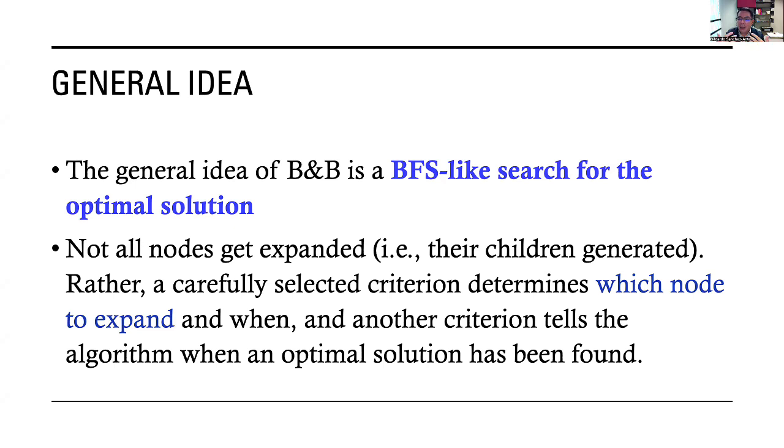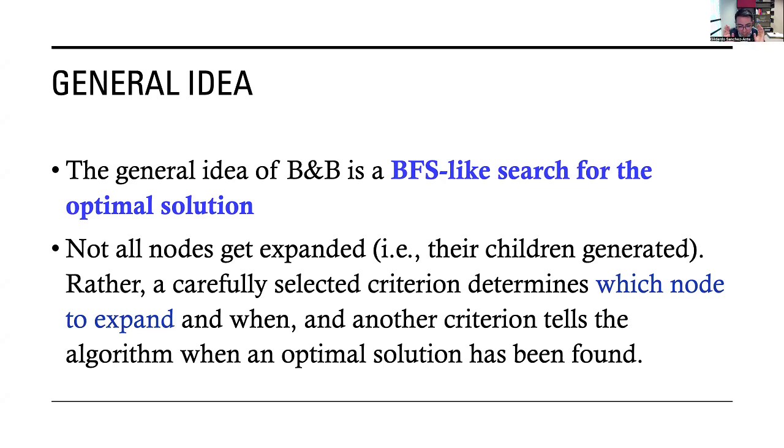So we need a way to compute the optimality or the objective function value for each one of the nodes. And then we will use that information in order to search in the space.